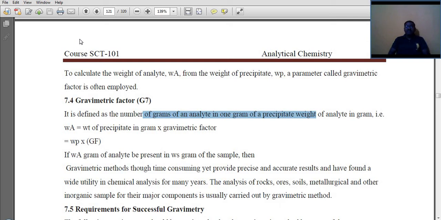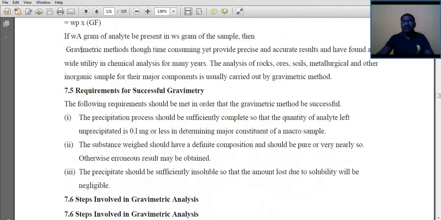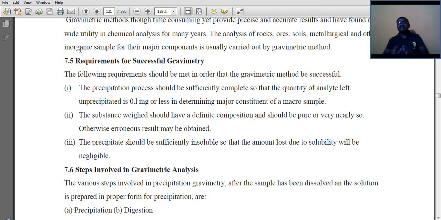Gravimetric methods, though time consuming, provide precise and accurate results and have found wide utility in chemical analysis. What are the requirements for successful gravimetry?